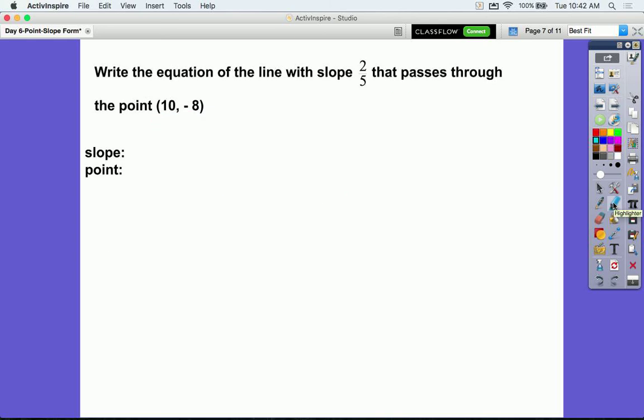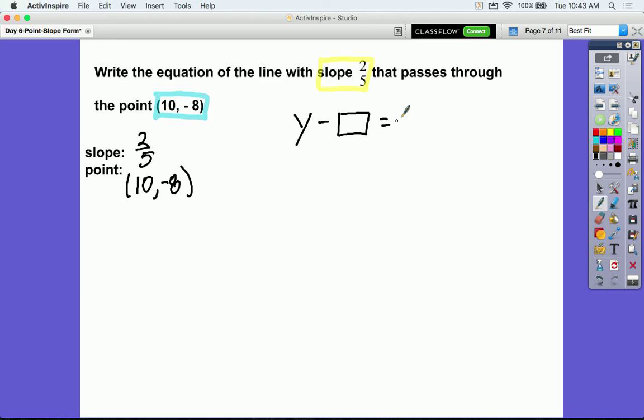Now I'm going to write an equation for a line that has a slope of 2/5 and a point of 10, -8. Slope 2/5, point 10, -8. I know I'm going to be filling in the blanks for y minus blank is equal to blank times the quantity of x minus blank.